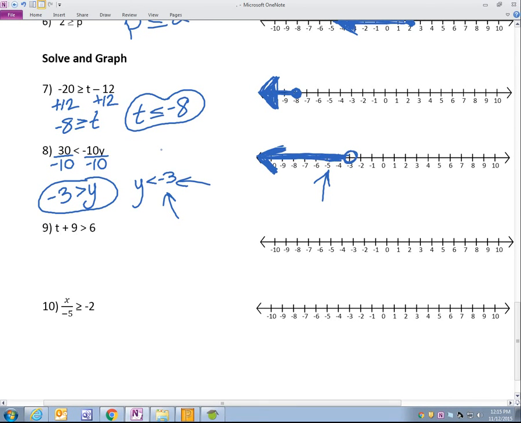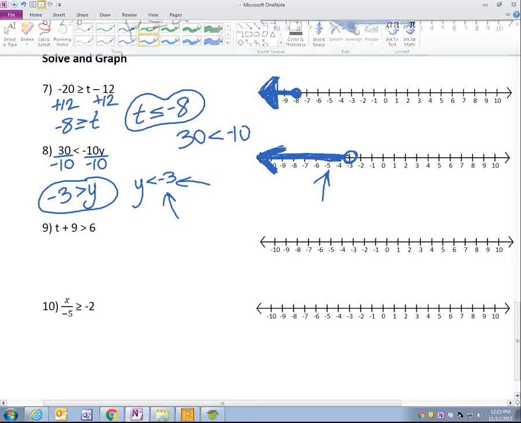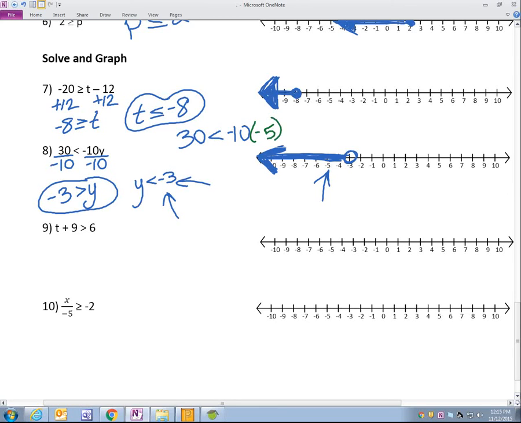For example, I'm going to substitute negative 5 in there. 30 is less than negative 10 times negative 5. So here's my negative 5. I'm testing out that spot. So I have 30 is less than 50. Do you agree that 30 is less than 50? Yeah. Okay, so that means we did it right. We went the right direction.